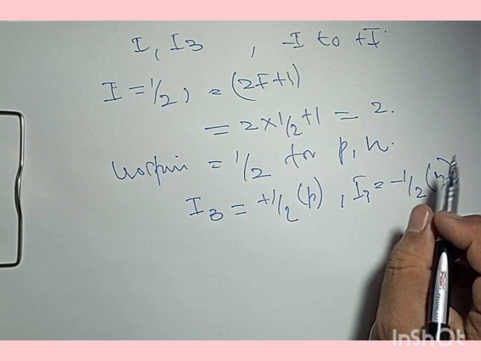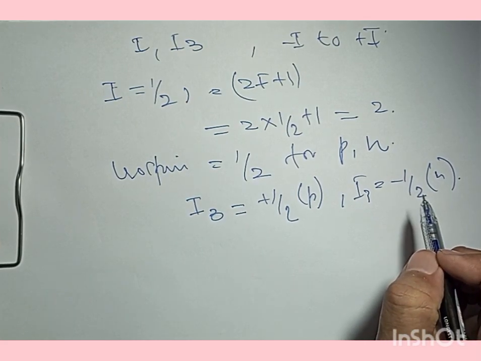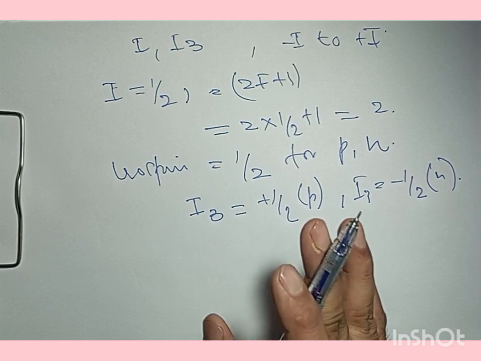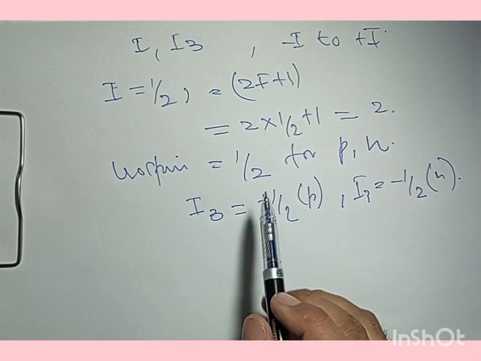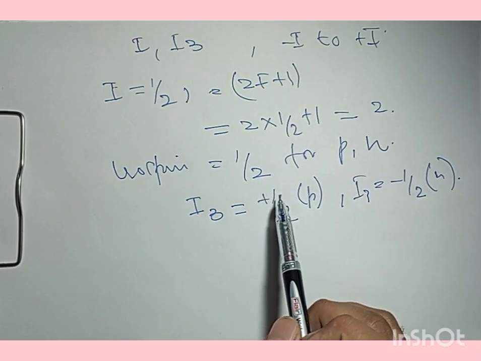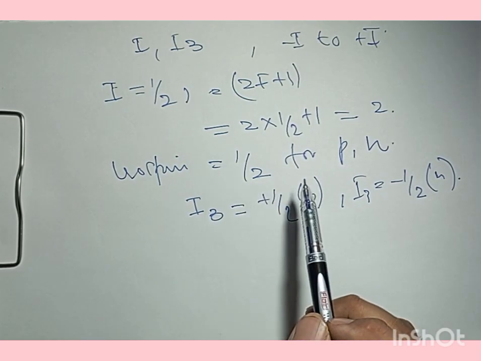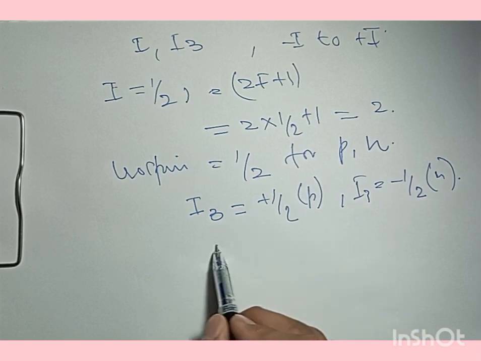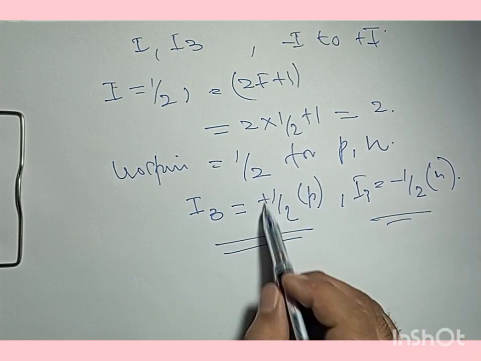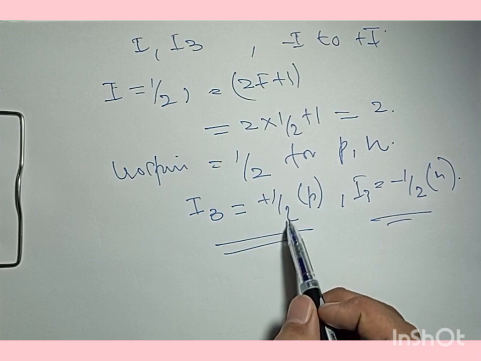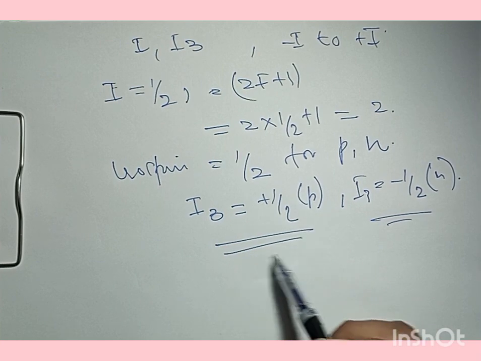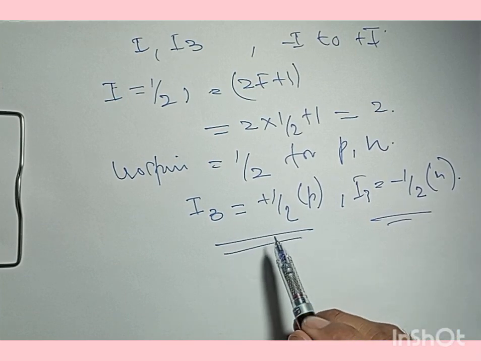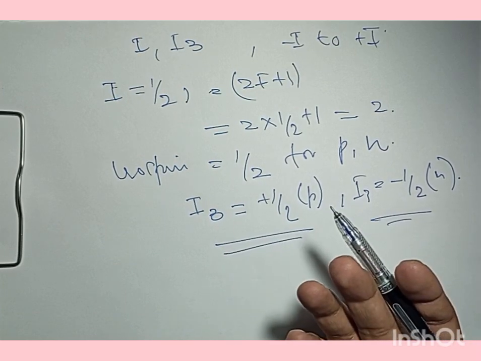Now, thus we can say that the operators of the symmetry group change the coordinates of the isospin in such a way as to reverse the sign of this I3. That's the conversion of proton into the neutron, and the reverse is also true.